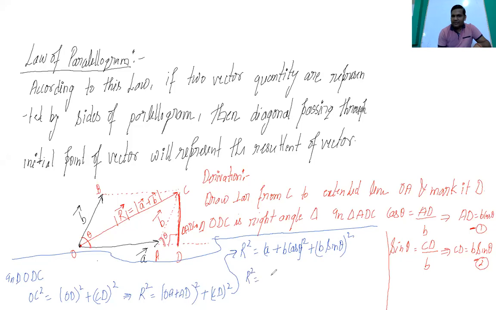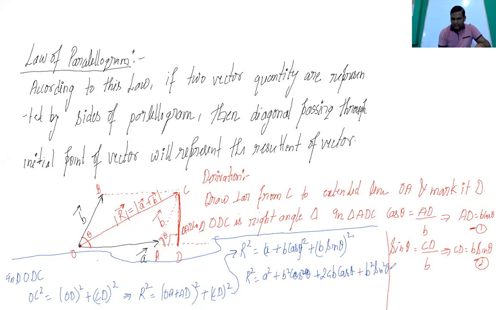Now we can simplify it and open the brackets. It will be A square plus B square cos square theta plus 2AB cos theta plus B square sin square theta.